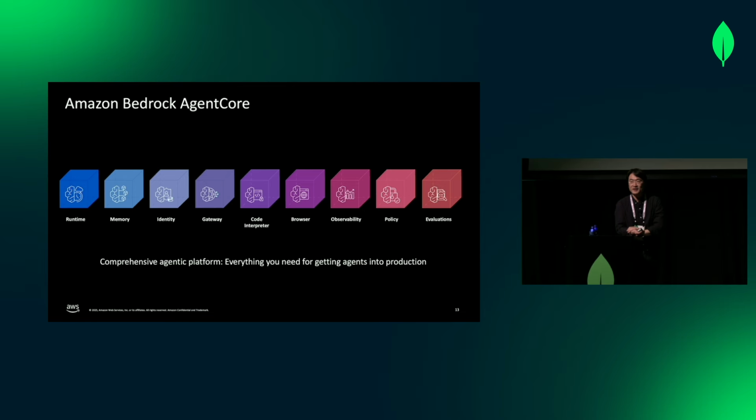You can even bring an unsecure MCP server, put it behind the gateway, so that you can make it a secure MCP server for your enterprise agent. We do have fully managed tools like code interpreter, browser tool, as well as full observability. We also support OpenTelemetry, so that you can bring in third-party observability tools. We also announced policy and evaluation services in preview during the last re:Invent.